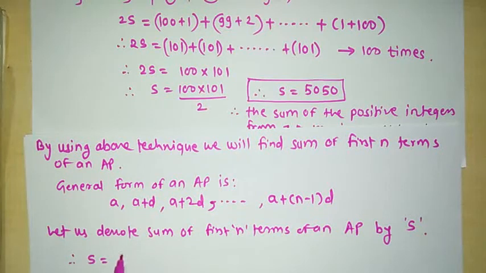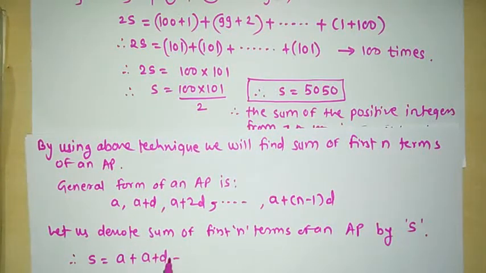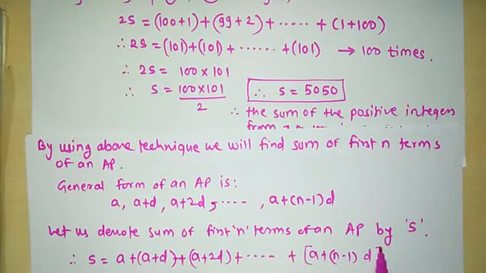What is the first term here? a plus the second term a plus d, and the third term plus a plus 2d, plus and so on, and the last term will be a plus n minus 1 into d. It is the last term.